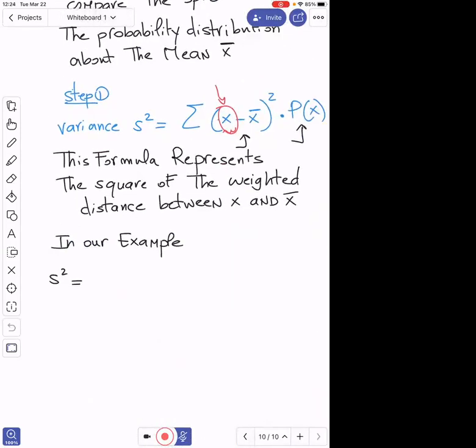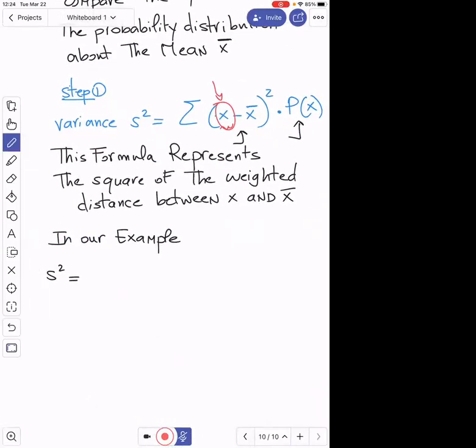So I'm going to have 0, the first value of X, minus the mean, which is 1.253, or 1.25, let's keep it simple. And then there is a square. You take the difference and then you square, times the probability that X is 0, because my X is 0.